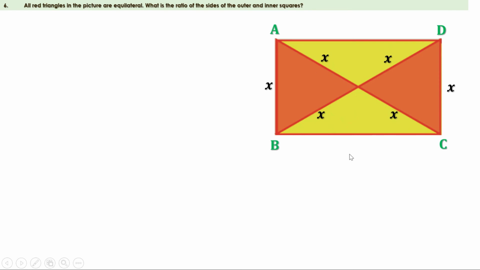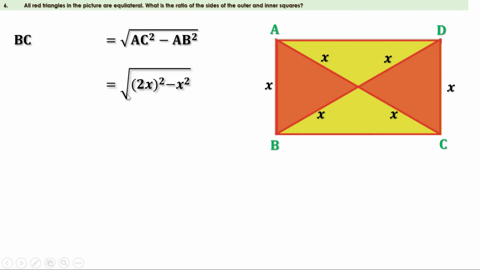Now we know base equals root of hypotenuse square minus altitude square, or BC equals root of AC square minus AB square. AC is 2x and AB is x. Therefore, this can be written as root of (2x) whole square minus x square. The square of 2x is 4x square.